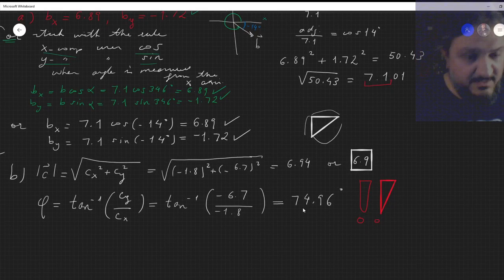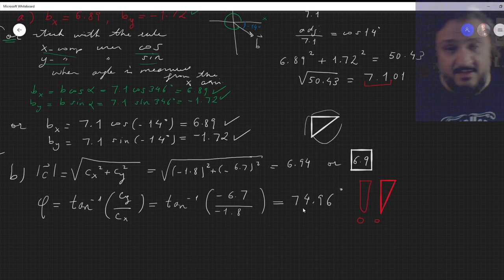How could it be? Well, the calculator doesn't know everything. It doesn't know that our vector lives in the third quadrant, for instance, because remember, we're dividing two negative numbers. It's the same as dividing 6.7 by 1.8. So it could be as well in the first quadrant. How would the calculator know about it? It doesn't know. You know it.